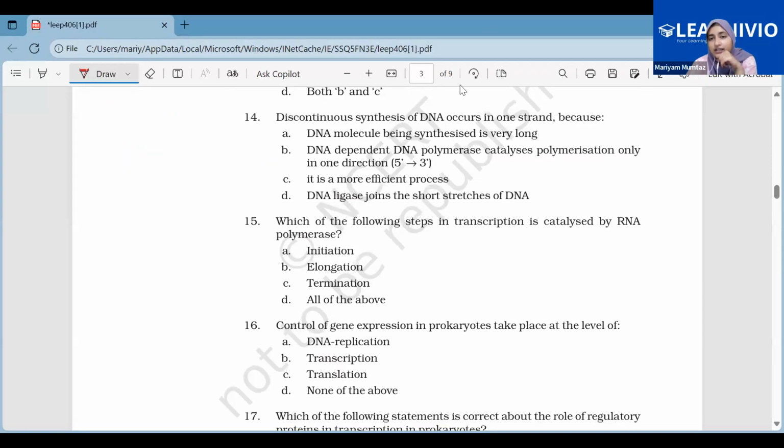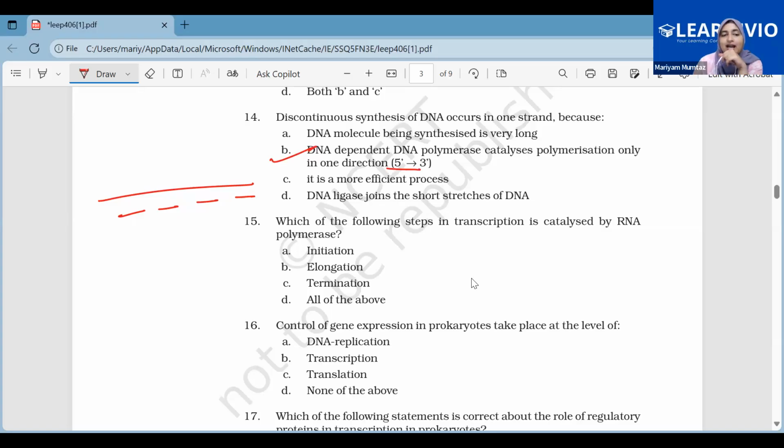Discontinuous synthesis of DNA occurs in one strand because discontinuous, you remember Okazaki fragments? Is it option B? Yeah, it is.